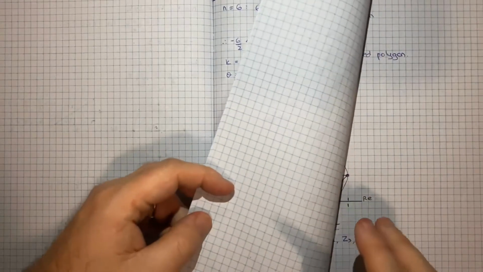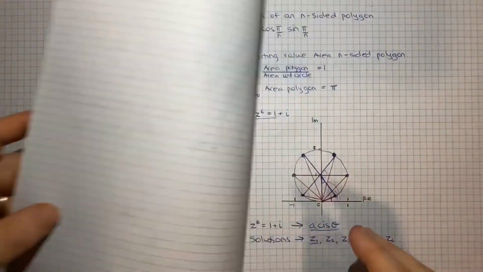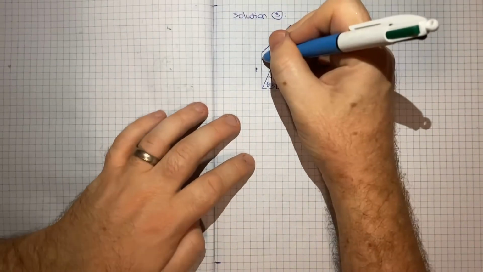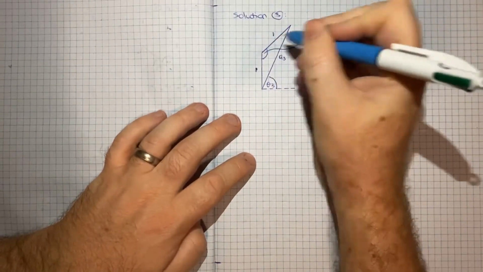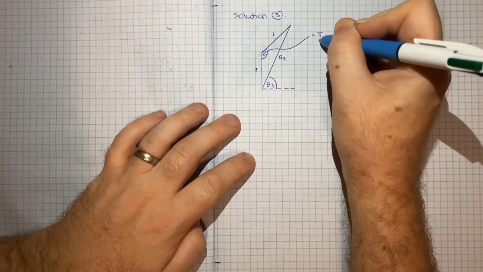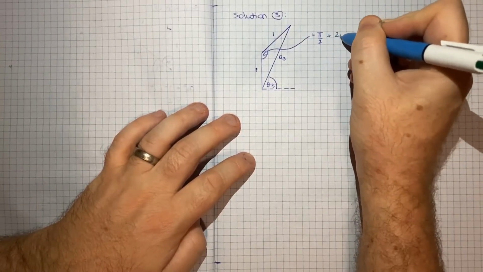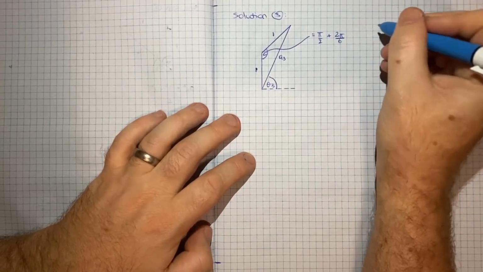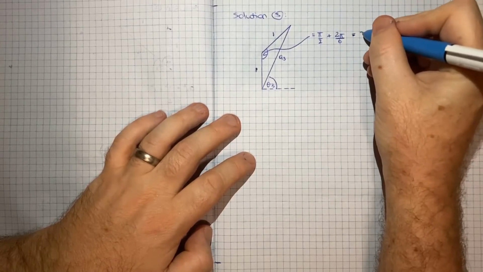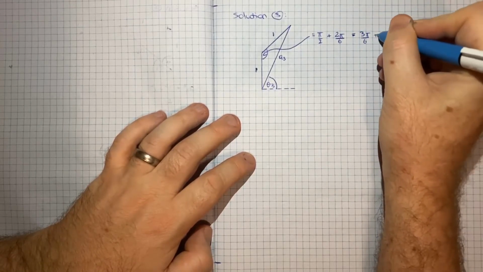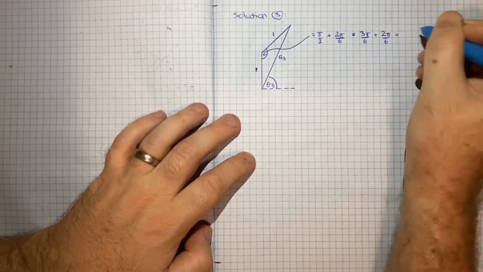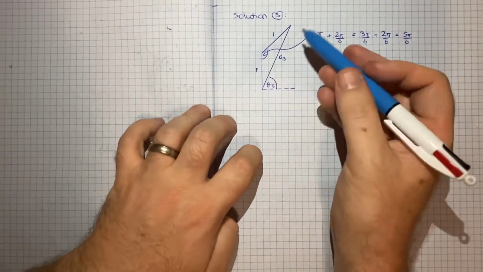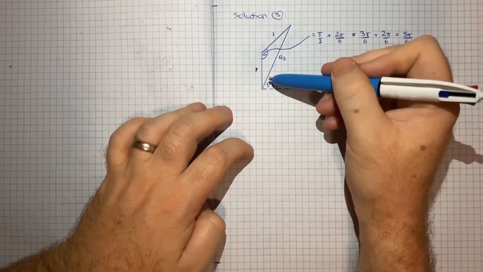I think that's right. Yeah, 2 pi on 6, or pi on 3. So I can say that this angle is equal to pi on 2 plus 2 pi on 6. So that's going to be equal to 3 pi on 6 plus 2 pi on 6. So that's going to be 5 pi on 6. And I think that's going to be useful for finding this length.